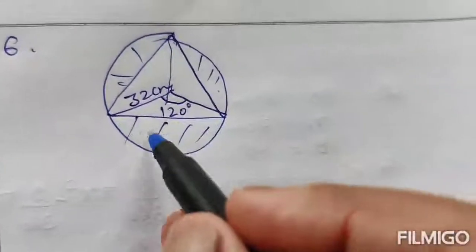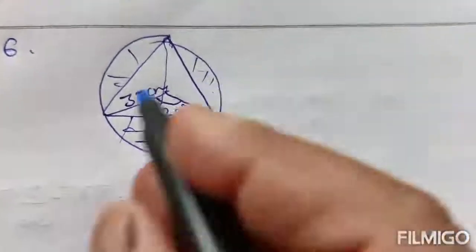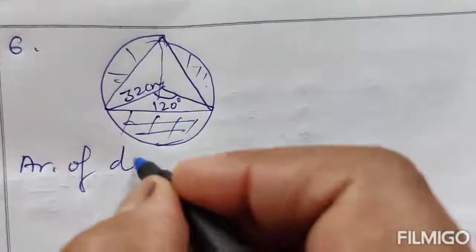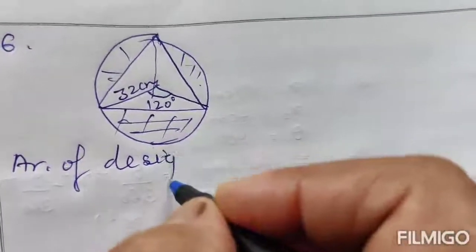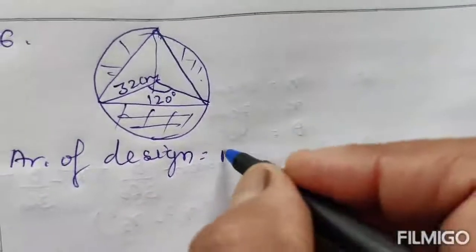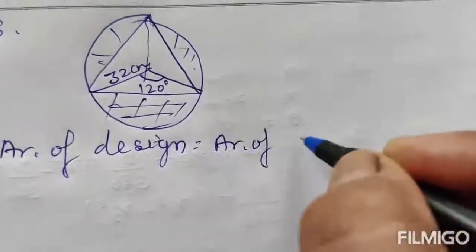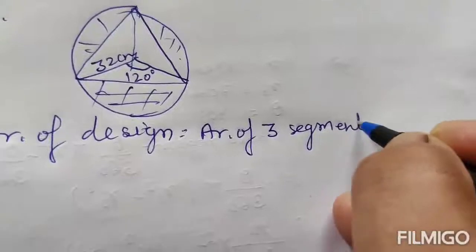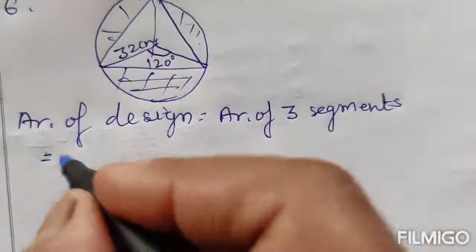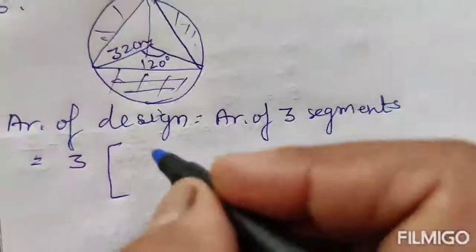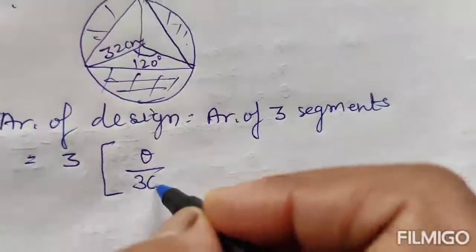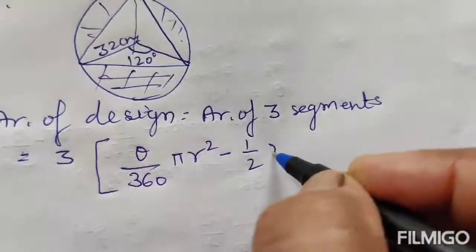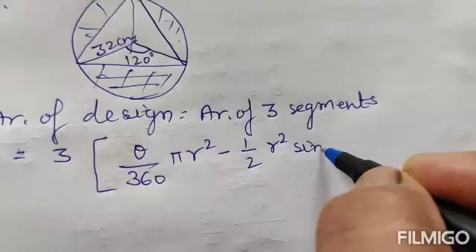The area of design equal to area of 3 segments. Area of 3 segments means 3 into theta by 360 into pi r square minus 1 by 2 r square sin theta.